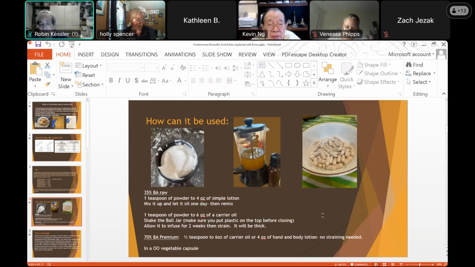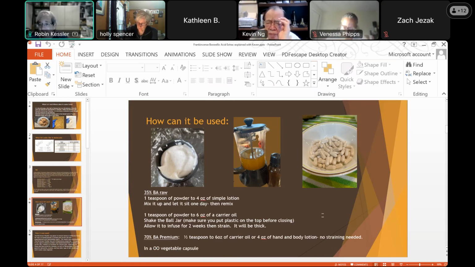For a carrier oil, it's 1 teaspoon of powder to 6 ounces of a carrier oil, and in that you have to strain it. You want to shake the jar, but it's still sticky, so you definitely want to put plastic on top because you're not going to be able to open the jar.